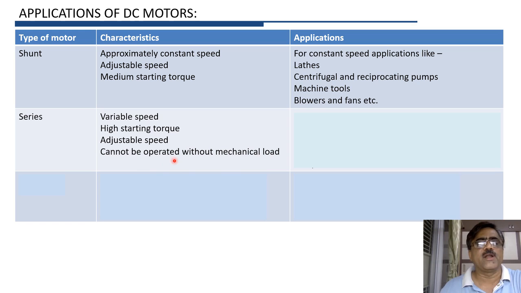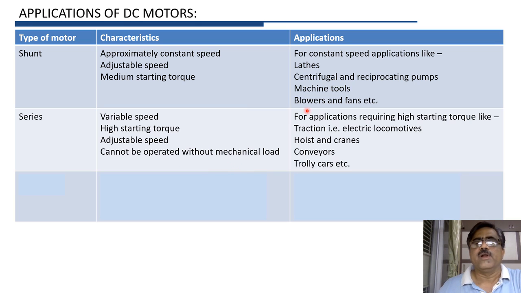If it is operated without load, then its speed becomes dangerously high, and therefore DC series motors are suitable for applications in which high starting torque is required and variable speed is permissible. So these motors are used for electric traction, that is electric locomotives or trains. Then these are used for hoist and cranes, conveyors, trolley cars, etc.